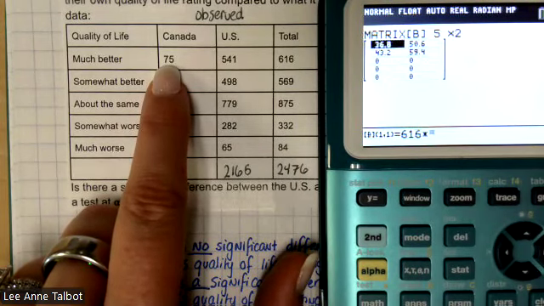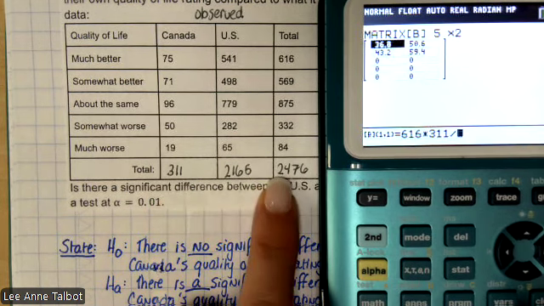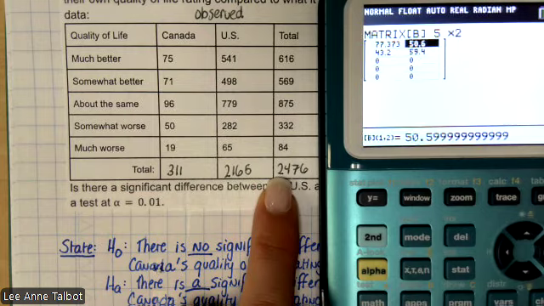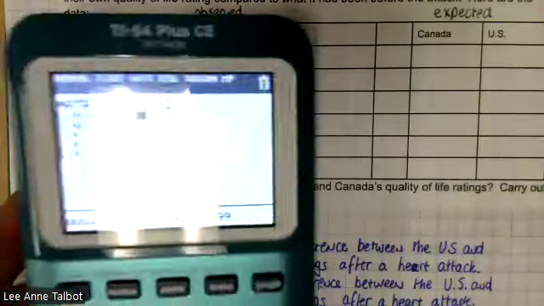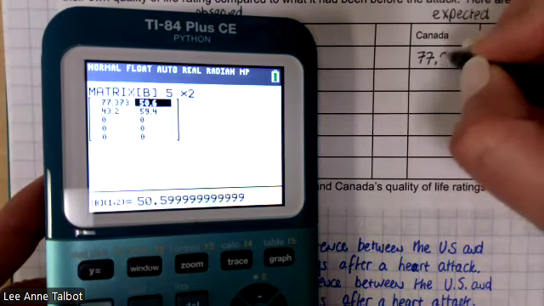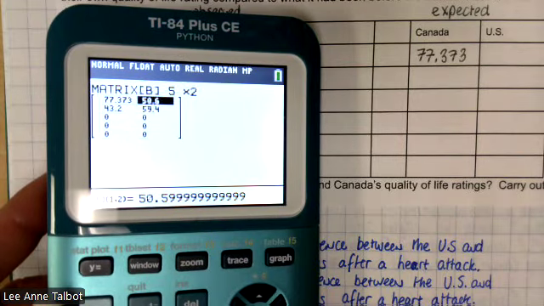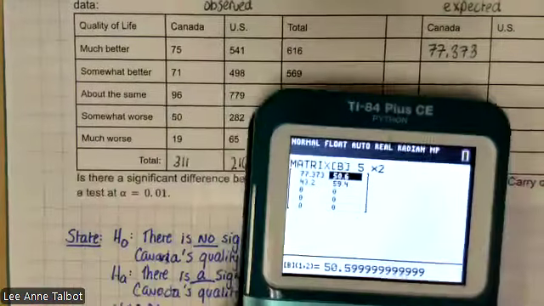What is the column total for this cell? 311 divided by, what is the total total? Then hit enter, and then you can put that number here, 77.373.